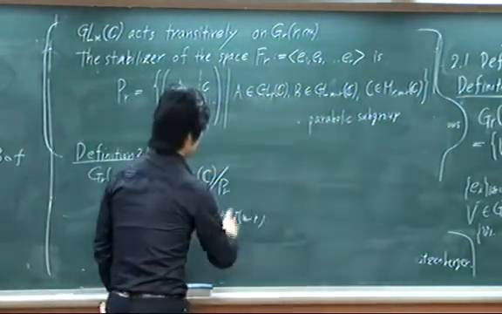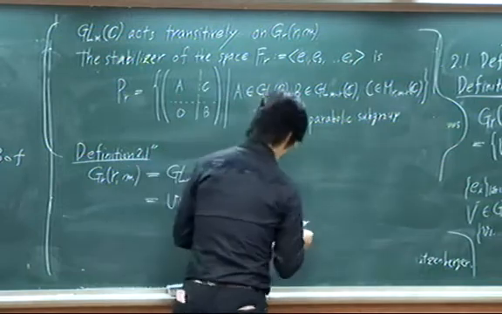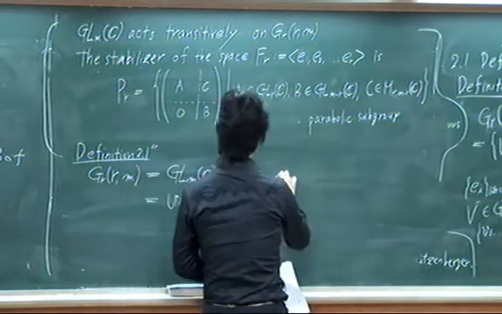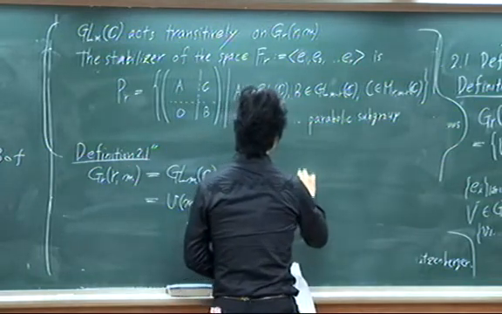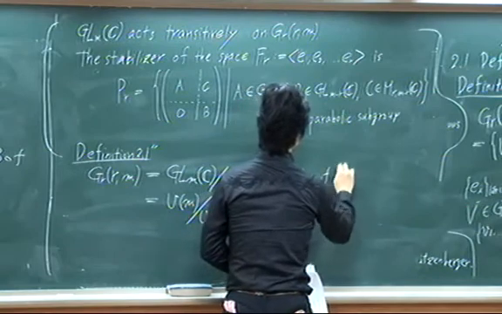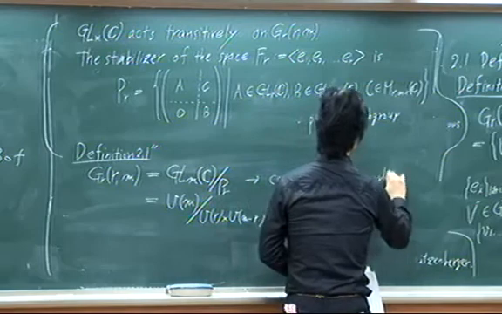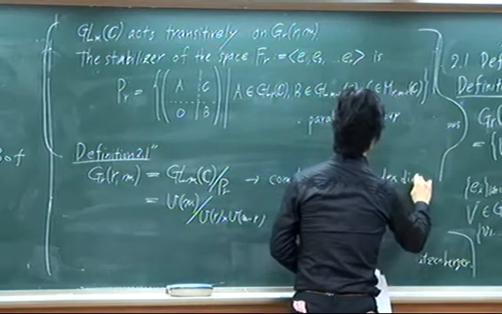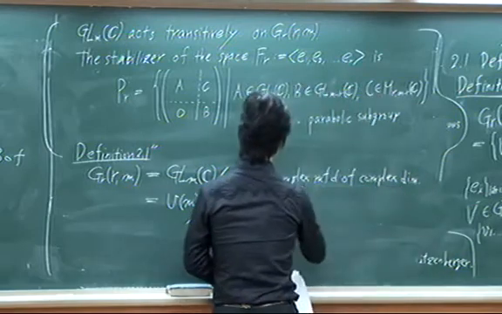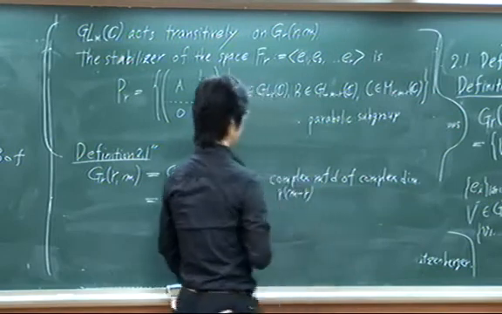The first presentation shows that the Grassmannian is a complex manifold of complex dimension r times (n minus r).